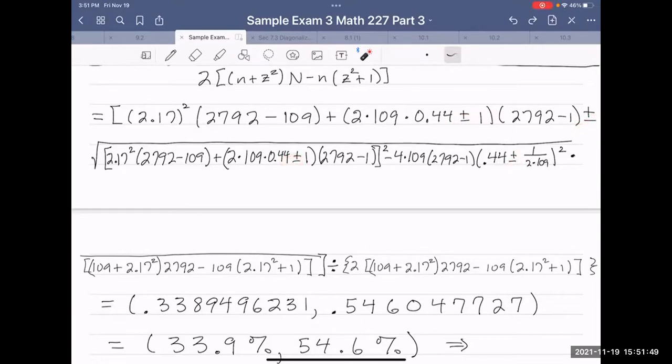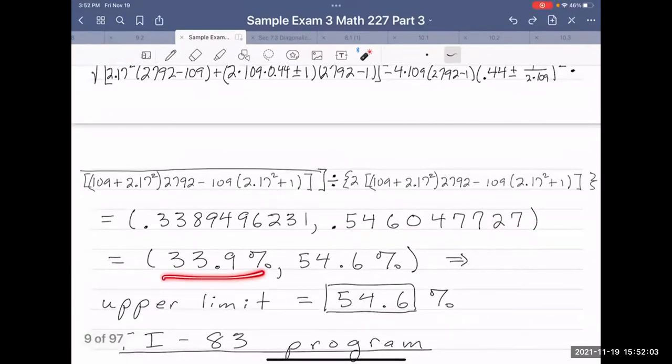If you pick all the pluses, then you get 0.546047727. And so this goes from 33.9% to 54.6%. So the upper limit is 54.6%.